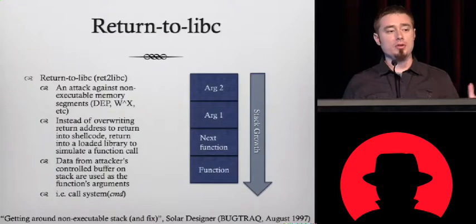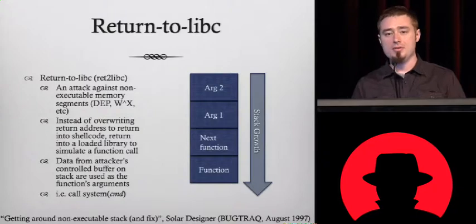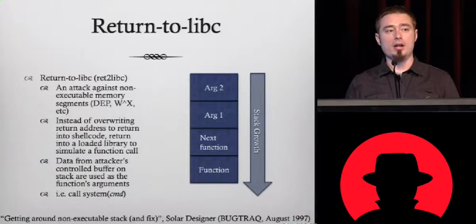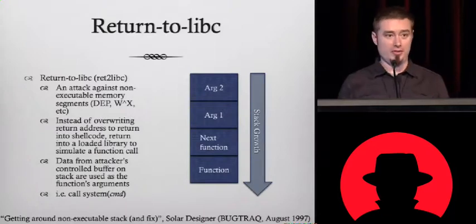So let's review a little bit, just to get in the right mindset. Let's go back to 1997, return to libc. Solar Designer described this technique and named it right after a number of systems, including Solaris, started implementing non-executable stacks because, of course, people believed that the root of the problem was executable code on the stack.